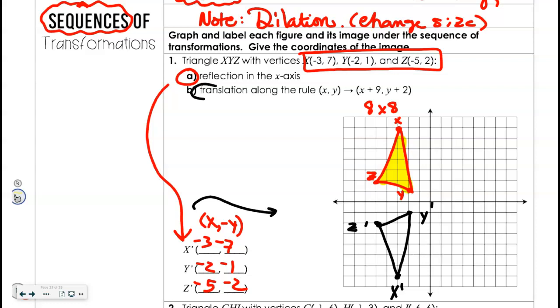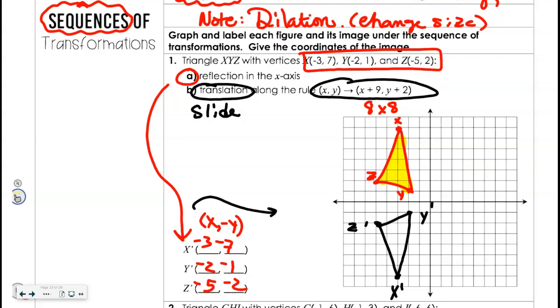Now you're going to do your next transformation. You're going to look and go, oh, it's a translation, which means this is just going to be sliding on the grid. You have to make sure you know what this rule tells you. Your next one should look like it slid 9 in which direction? To the right and 2 up.